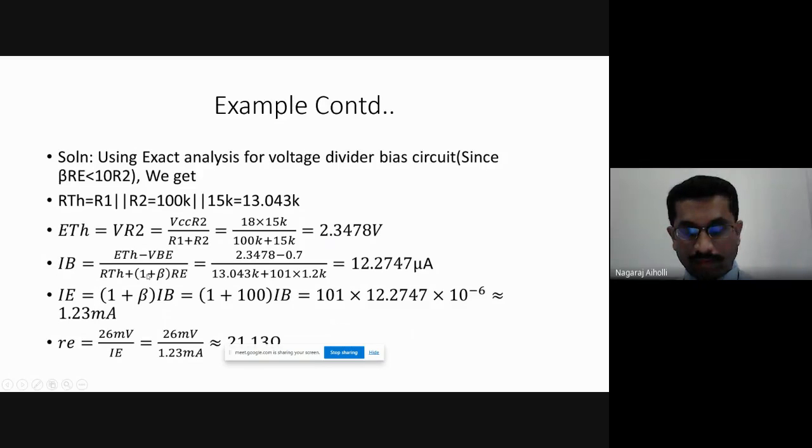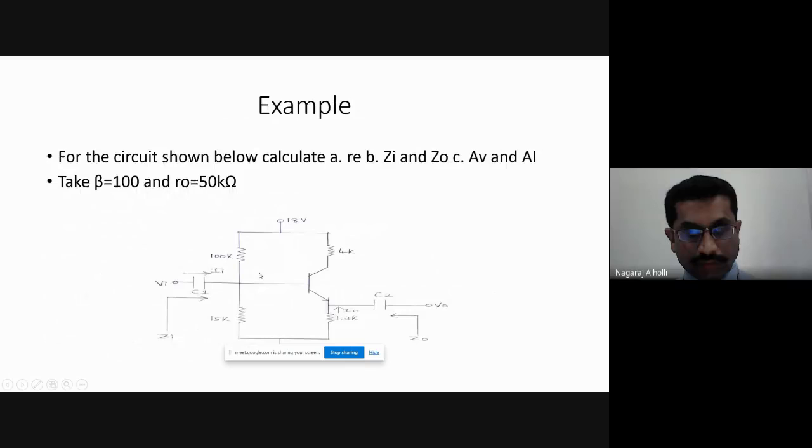Then try to recollect the IB equation that we derived. If we apply KVL to this input section, ETH includes VCC.